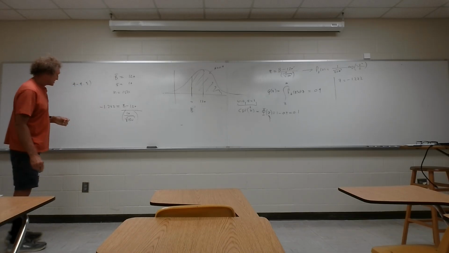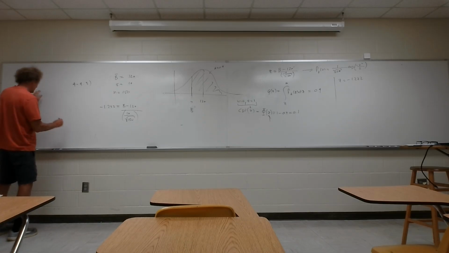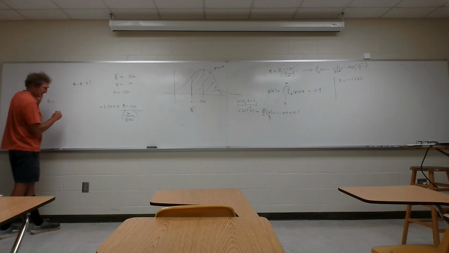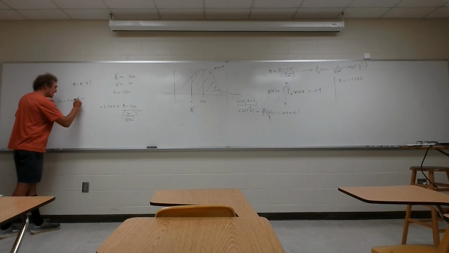And I'm going to just write this down here. So I'm going to have beta, or the lower value beta, equal to 120 minus 1.282 times 10 divided by the square root of 150.